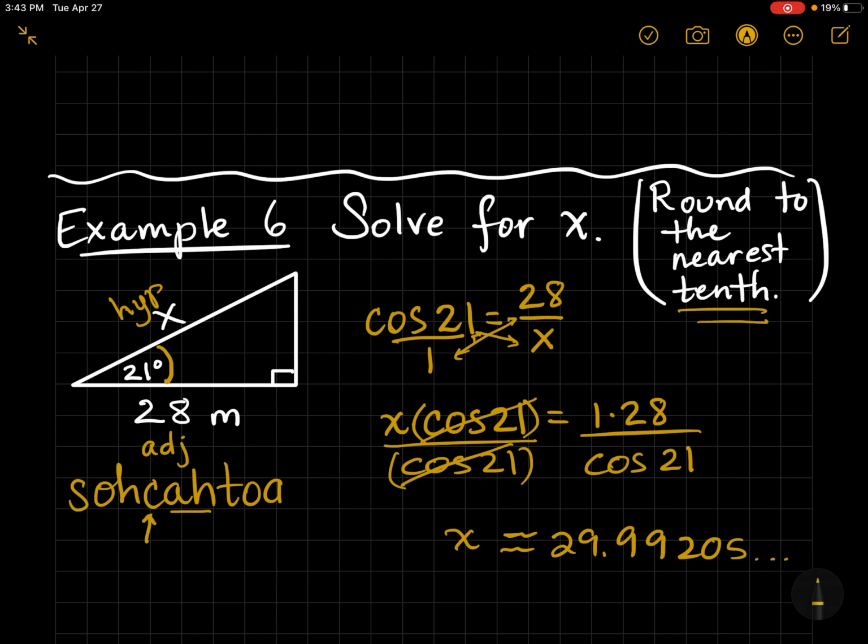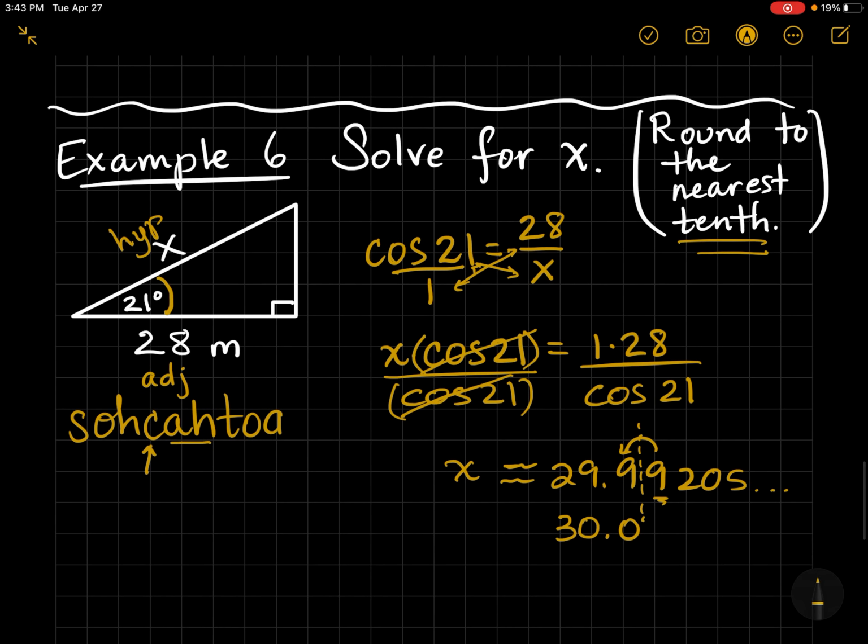You've been asked for the nearest tenth. So we look at the next number and say, uh-oh, that's over 5, so you round up. And that is 30.0. If it says the nearest tenth, you have to show that 0 to show that it's very accurate and that it wasn't 29.6 or 29 point something.